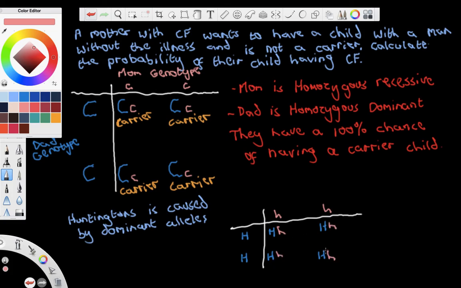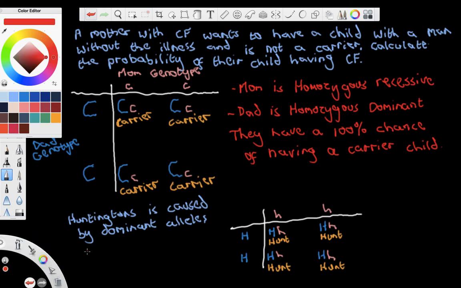Okay? Now this is because it's carried on a dominant allele, and if you remember last lesson, we said that dominant alleles are always expressed. So these would have Huntington's, these would have Huntington's, these would have Huntington's, and these would have Huntington's. So their child would definitely have a 100% chance of having Huntington's.